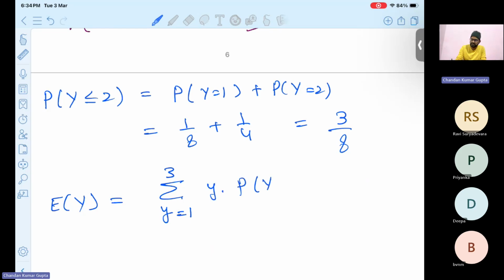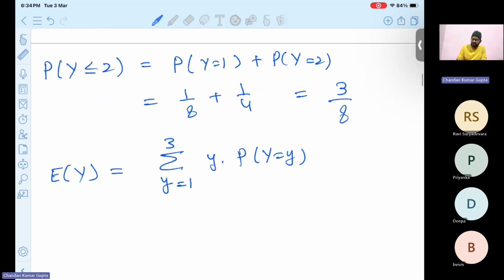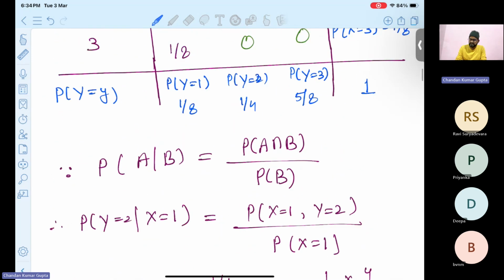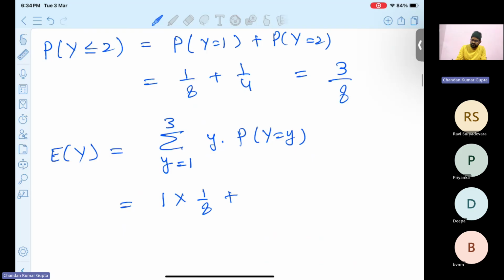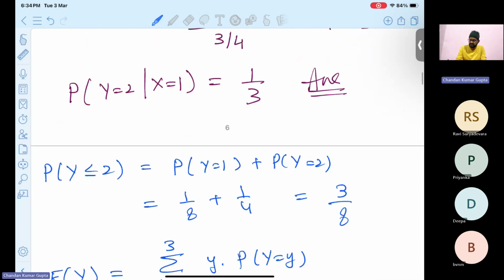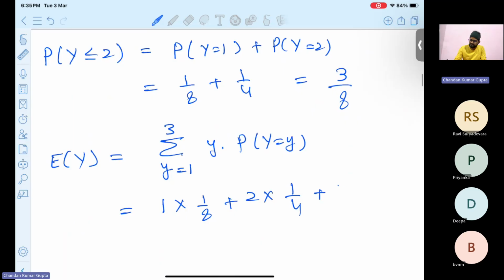So it is 1 into probability 1 by 8, plus 2 into probability 1 by 4, and then plus 3 into probability 5 by 8.